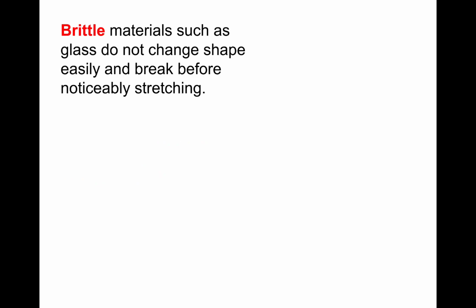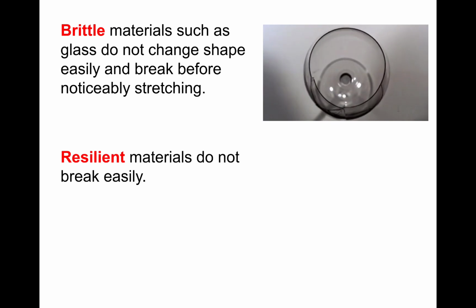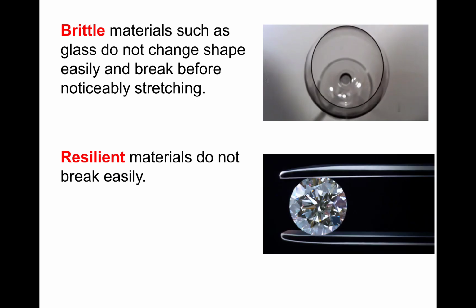Brittle materials such as glass do not change shape easily and break before noticeably stretching, as can be seen in this example. Resilient materials do not break easily at all. So if you see that terminology, resilient, an example will be diamond. Diamond is the most resilient material that we have, according to Google anyway.